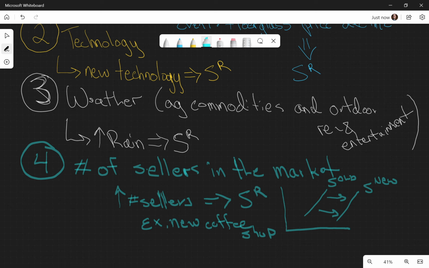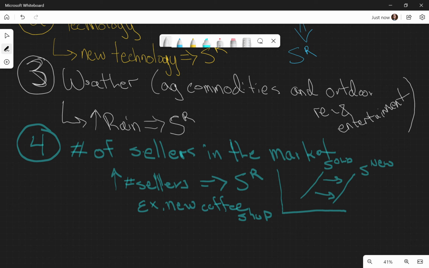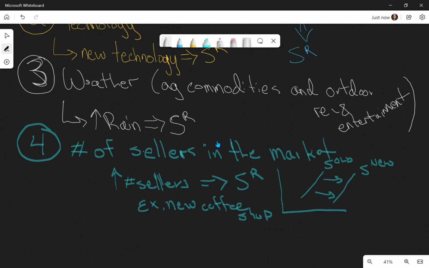And our last one, which will be our last thing for today, and then I will let you go, the last one that we have is our expectation of future price changes. This is confusing because it's on both the supply and the demand side.